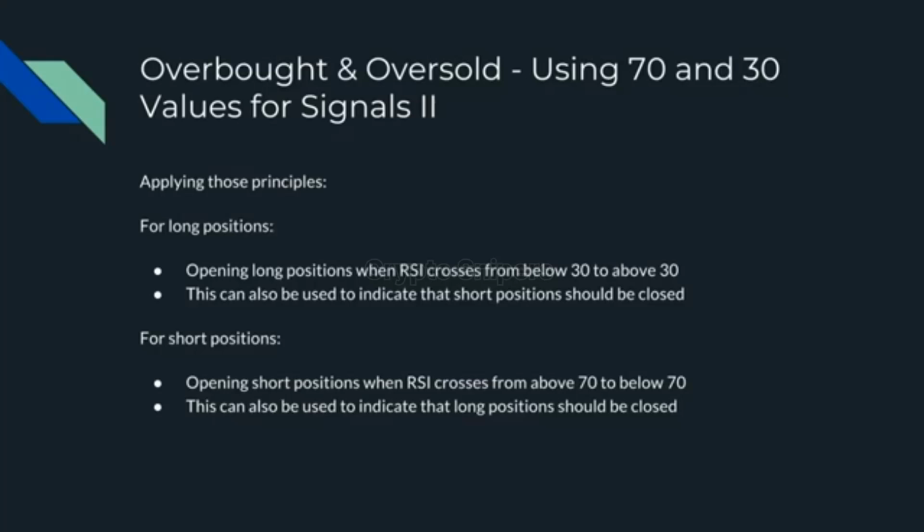If it goes from above 70 to below 70, the instrument becomes less overbought, which means that the sellers are picking up, the bears are waking up, and they're going to push the price down. And you want to move with the trend, with the market, whatever it may be. So it makes sense to open a short, or at the very least close your long, because you don't want to be long if the bears successfully push the price down and move against you.